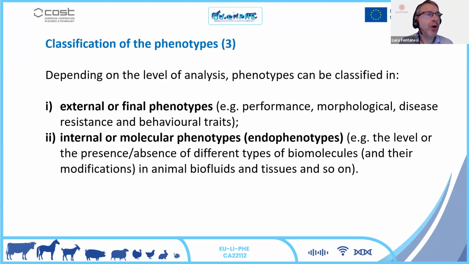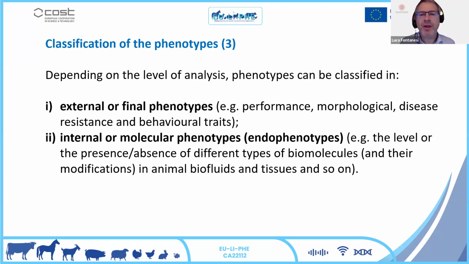Another level of classification of the phenotypes depends on the point of view from which we see the animals. The phenotype can be external or final phenotypes. These are usually the most relevant phenotypes that have economic value: performance, morphological traits, disease resistance, behavioral traits.